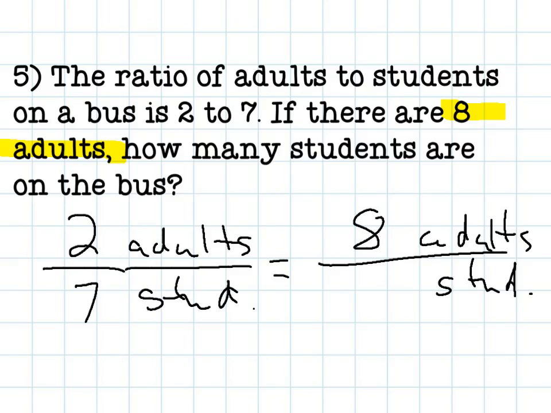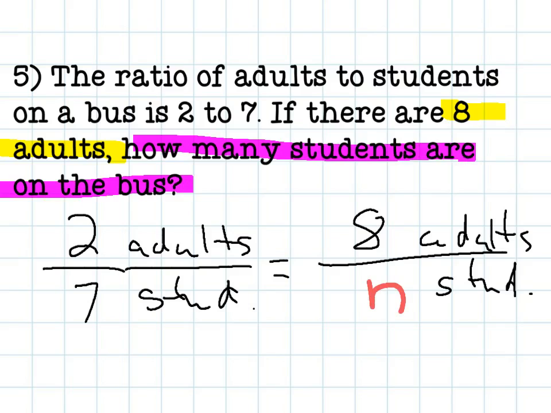And now we can see what we're looking to find. The problem also tells us what we're looking to find. It says how many students are on the bus. So now what we need to do is figure out students by putting the variable in the missing spot. And now we're going to use our cross products to solve.